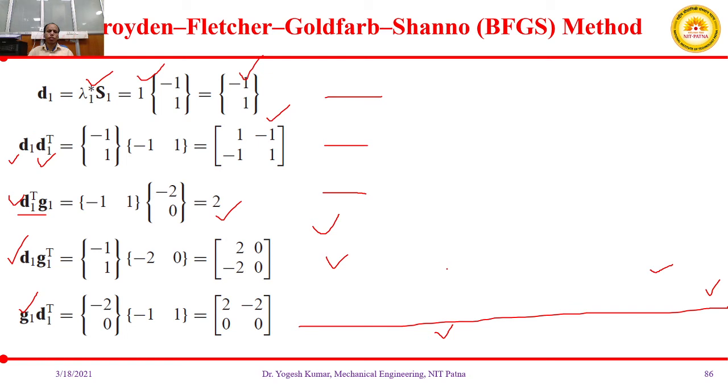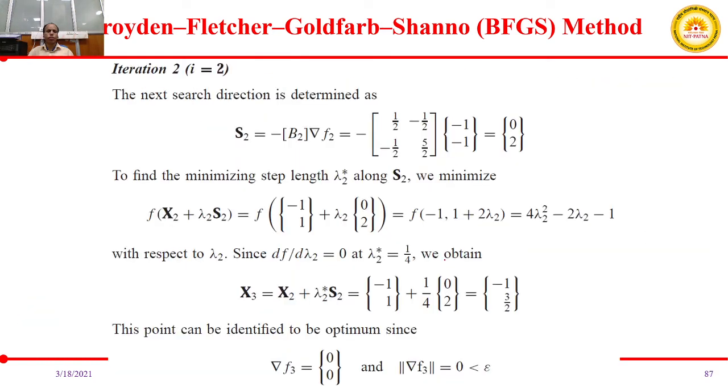So for this, we have now set iteration number 2 and we are determining the next search direction, which is S2 equal to minus B2 into gradient of F2. Solve this term and you will get 0, 2.